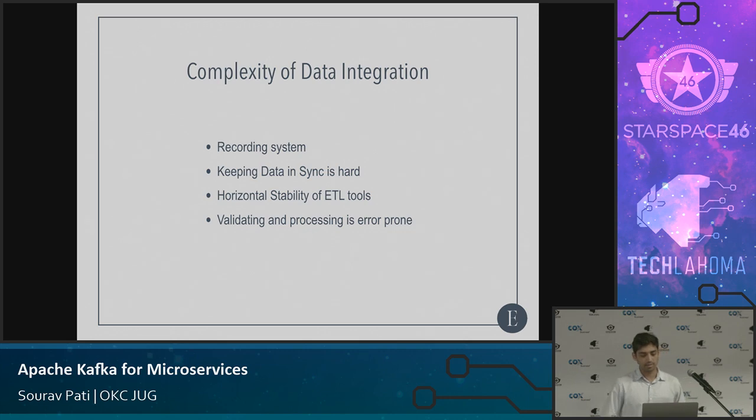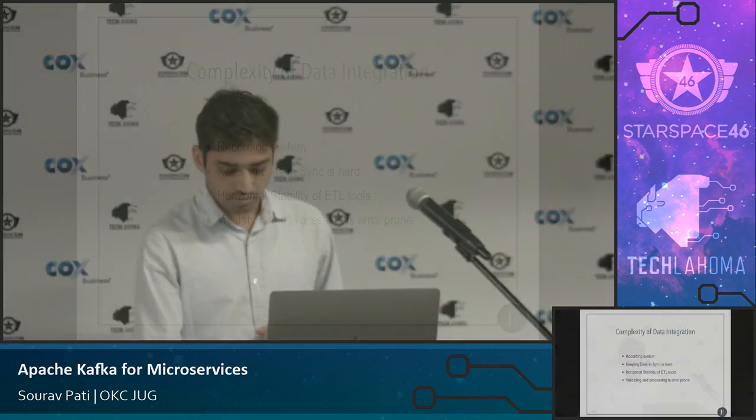There is a certain amount of error proneness. So I think these are the questions that are addressed by Apache Kafka very well, and that's probably one of the reasons that it is gaining a lot of popularity in the current time.